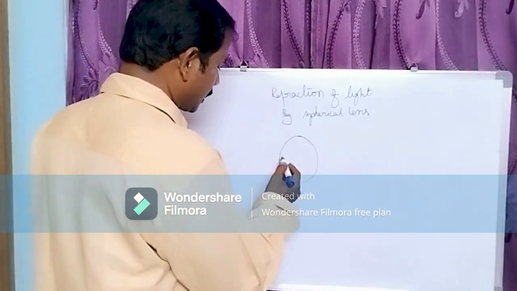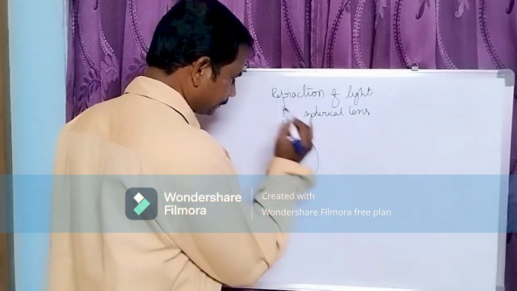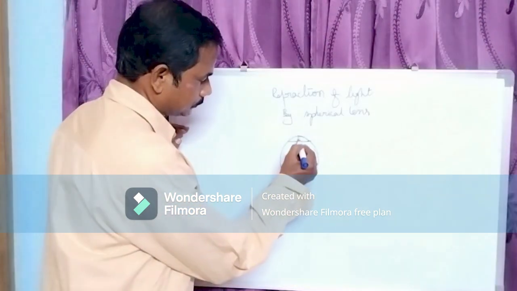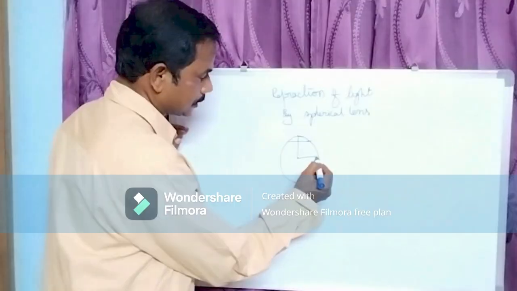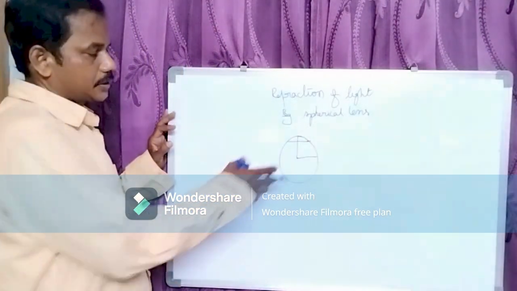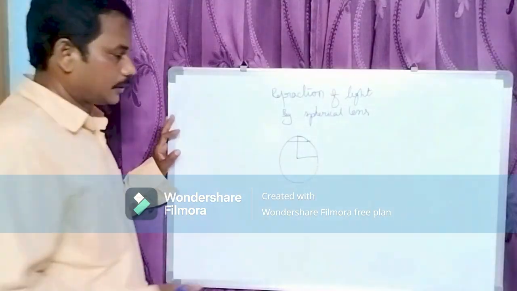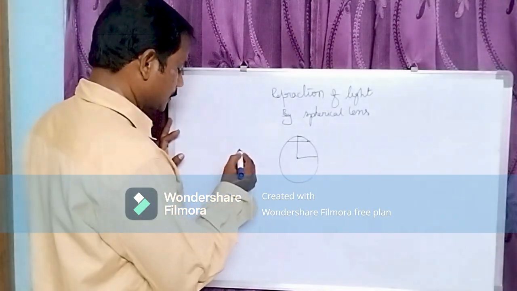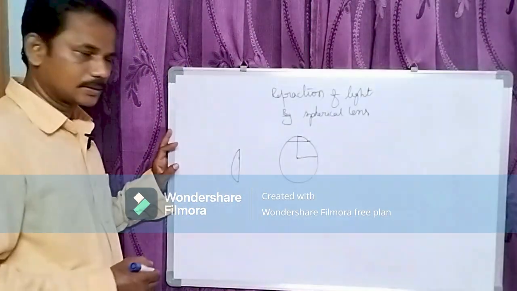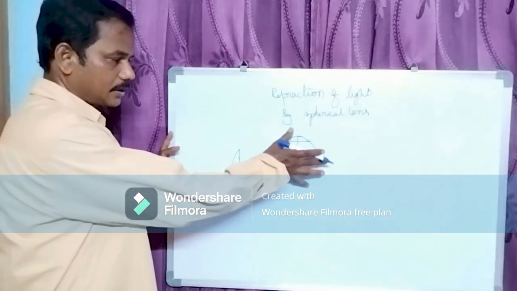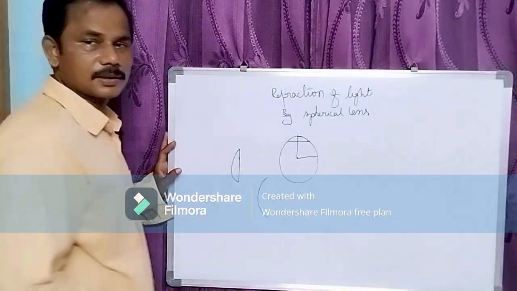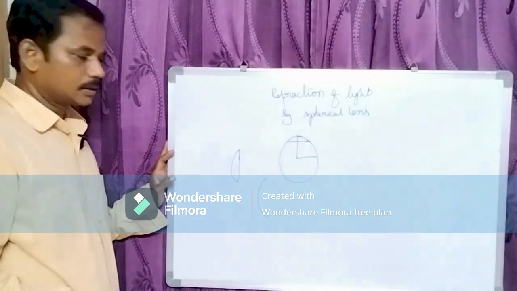When you cut some piece of this, this is the radius, and the radius is the same in all directions. If you cut this piece, it looks like this, right? If it is a solid sphere or a hollow sphere, it looks like this, right?